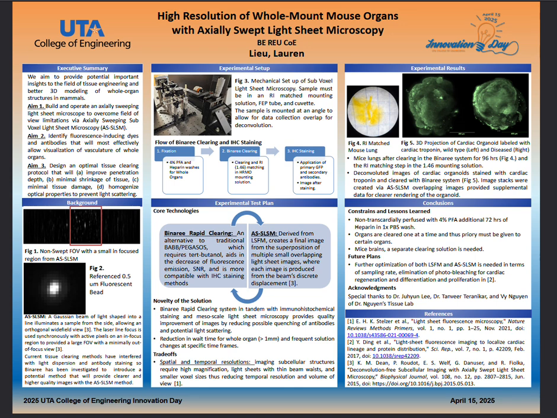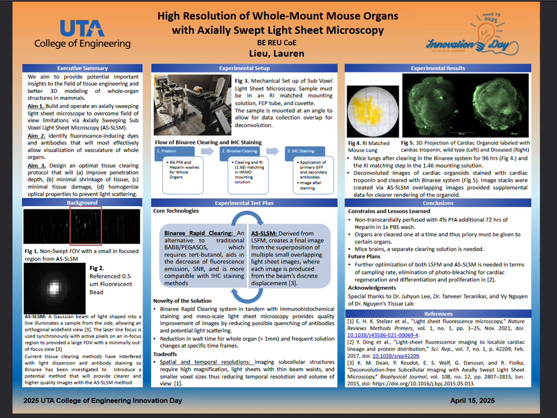For the flow of the binary clearing system, we can see that the first main step is fixation, and then we clear and RI match in the mounting solution to an RI of 1.46, and then we stain using immunohistochemical methods of secondary and primary antibodies.